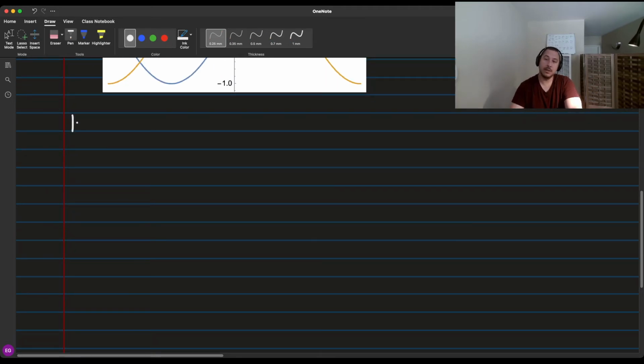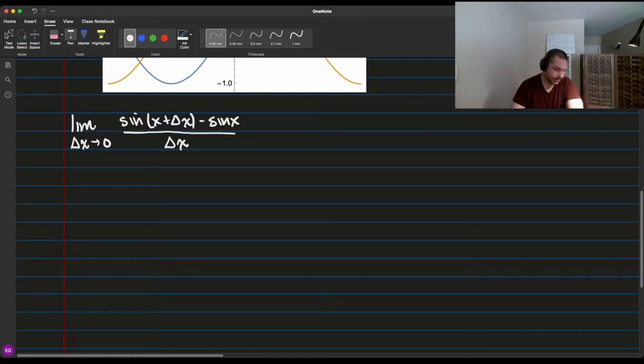We're going to do the limit as delta x goes to 0 of sine x plus delta x minus sine x all over delta x. Does anyone remember the sine sum identity? If you have the sine of a plus b, what does that end up being?